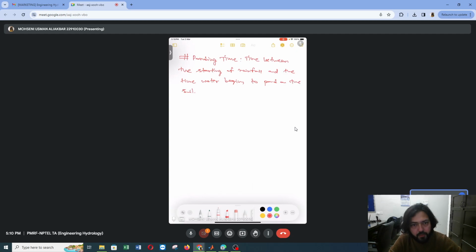The time between these two things is called ponding time, and the notation for ponding time we'll be using is T of P, Tp. So this is the notation we are going to use for ponding time.